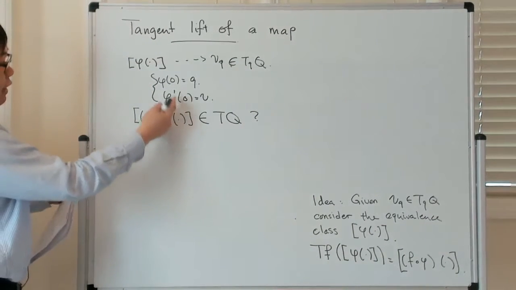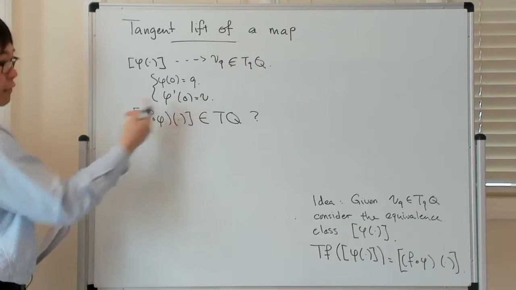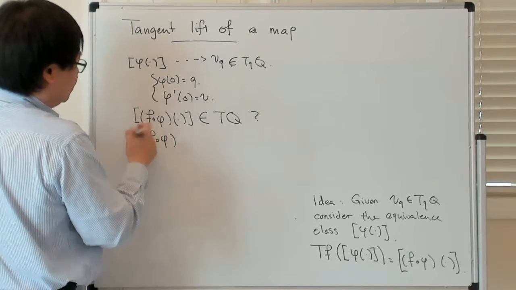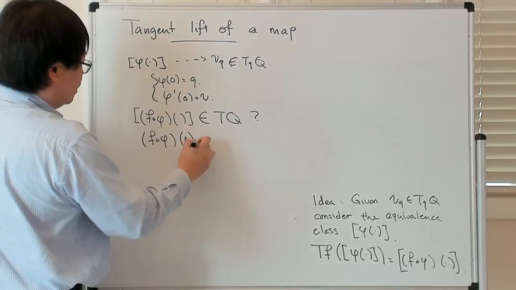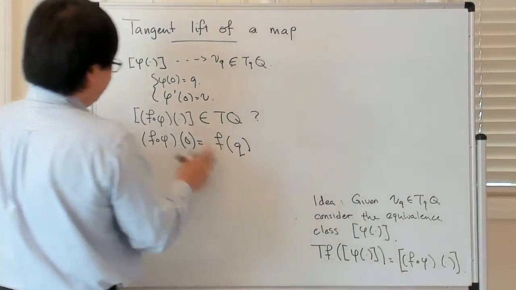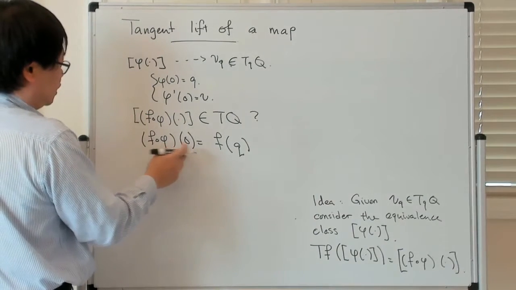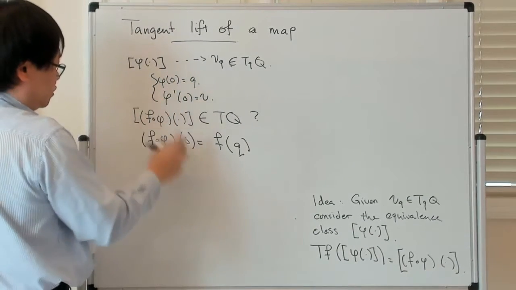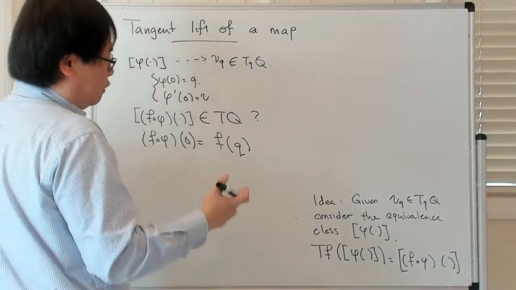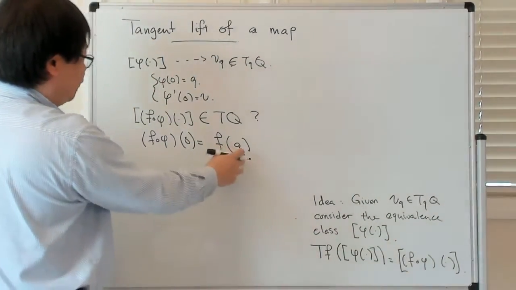You take this, evaluate it at 0, differentiate it, and evaluate it at 0. So you have F composed with the original curve, evaluated at 0. This is just F evaluated at q, because you know that the curve evaluated at 0 is q. So it's F at q. That makes sense. The base point of this map is now F of q.